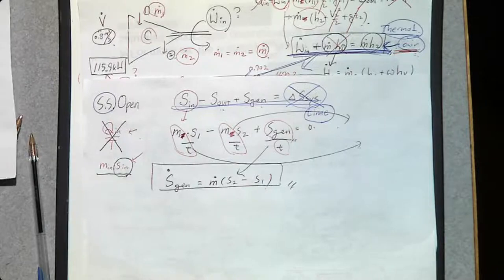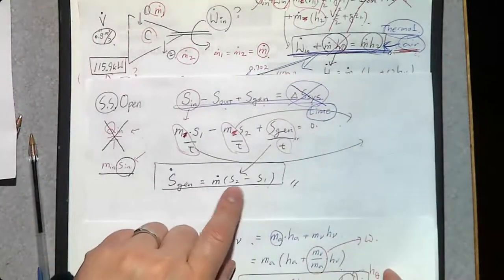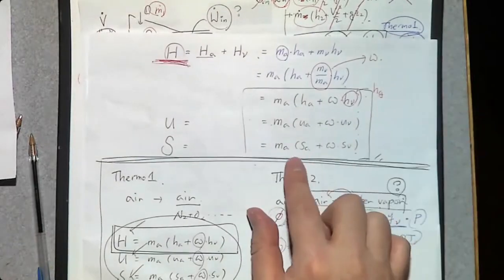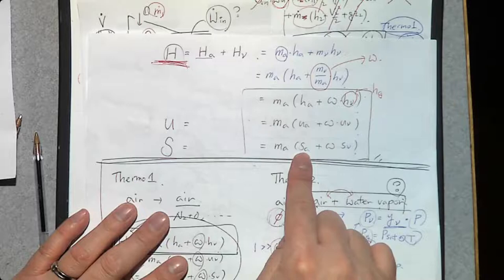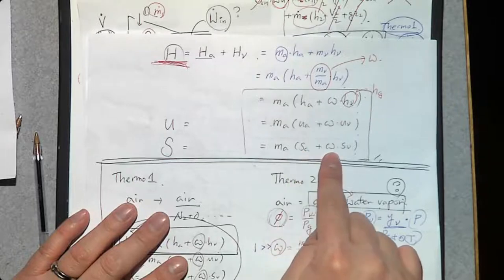Then how can we determine the rate of entropy generation? We can use the same equation for the mixture property. How do we evaluate S1, S2? By using this equation. S is going to be MA SA plus omega SV.